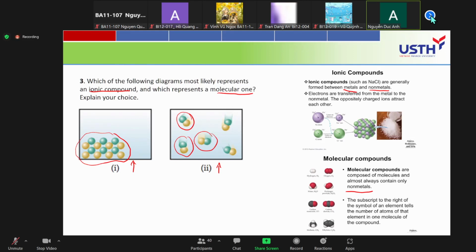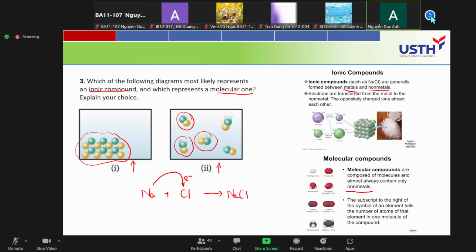Ionic compounds are normally generated between a metal and a non-metal. So in this one, you will have a process of sodium and chlorine forming sodium chloride. One sodium atom prefers to donate 1 electron to chlorine.